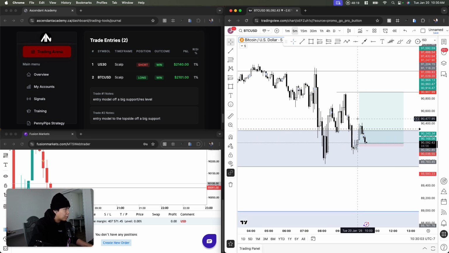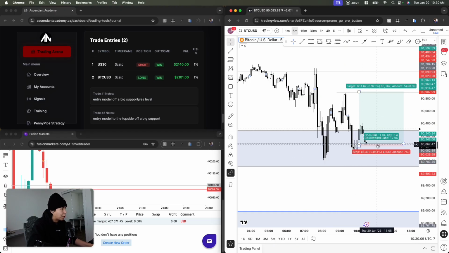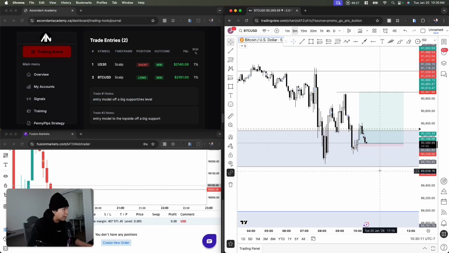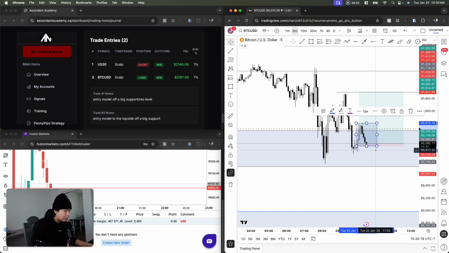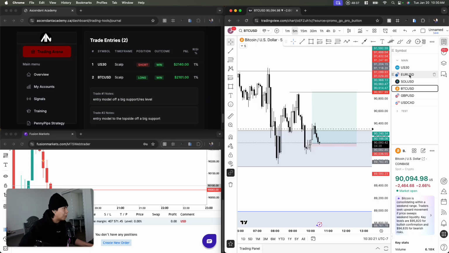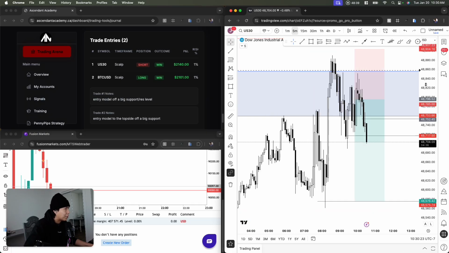And clearly it was probably a good idea to do it on the Bitcoin trade because it looks like we're going to continue falling down a bit. And right now we'd be floating around drawdown or break even. And like I said, since I trade live capital, I'd much rather lock in profits than have to wait through little flags like this when I'm just looking to get in and out of the market with as much profit as possible.